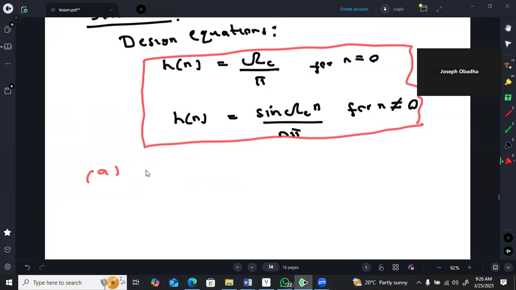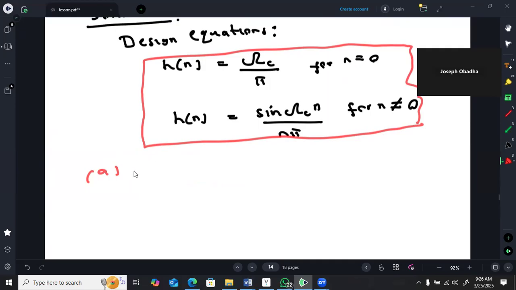We have omega c. How do we get the normalized frequency?